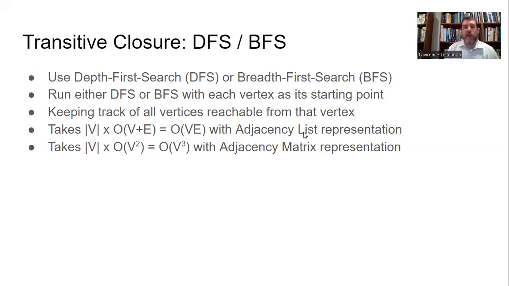I really should be calling it a table, but that's what the world calls it. They call it an adjacency list. So now I need to do that for each vertex. So that's where this extra V comes from. What happened to the V? If I multiply V by V plus E, so I have the VE, where did the V squared go? Why isn't it V squared plus VE? Anyone know the answer to that?